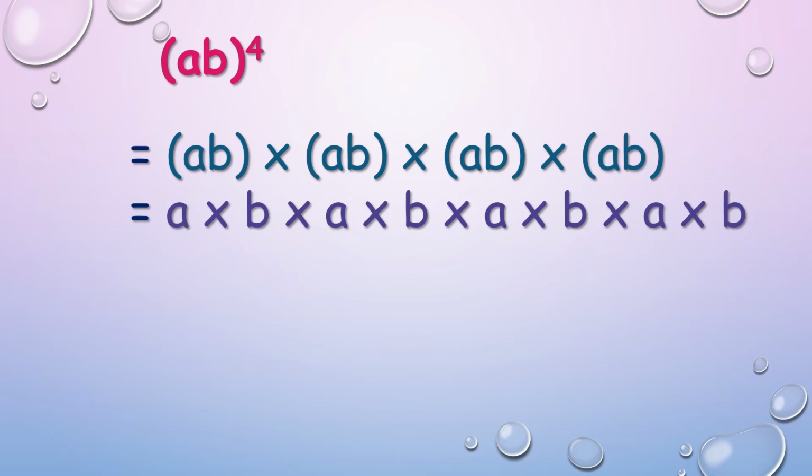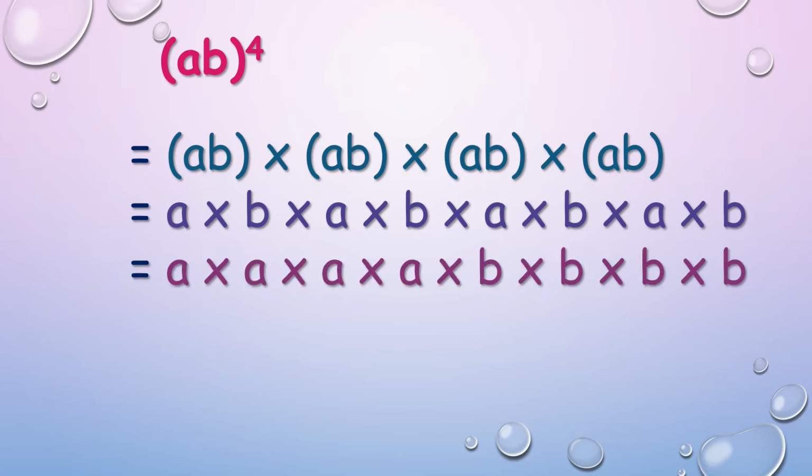Then by bringing A's to the left hand side and B's to the right hand side, we can see that there are 4 A's. So it can be written as A to the power 4 times B to the power 4. We can remove this multiplication sign.